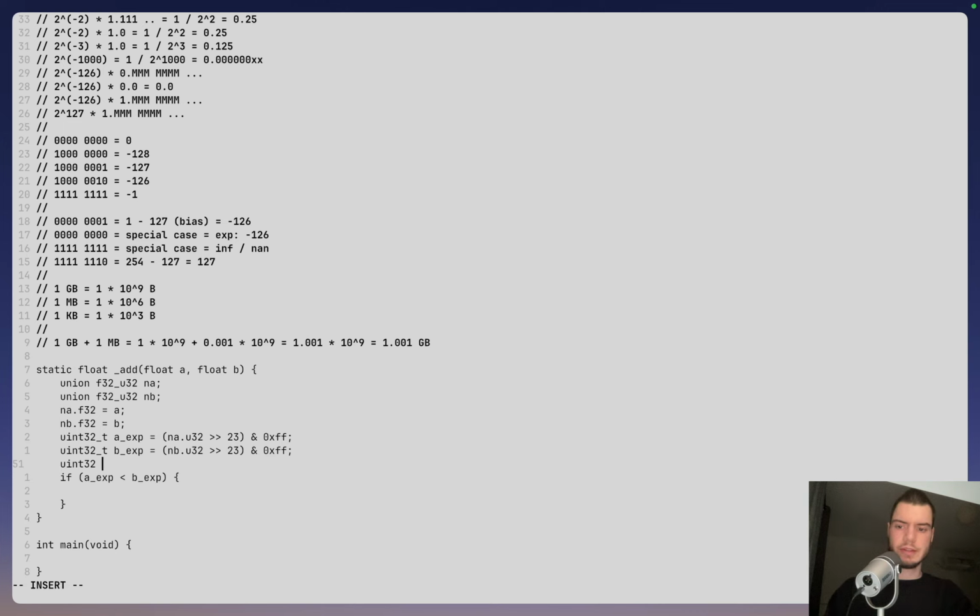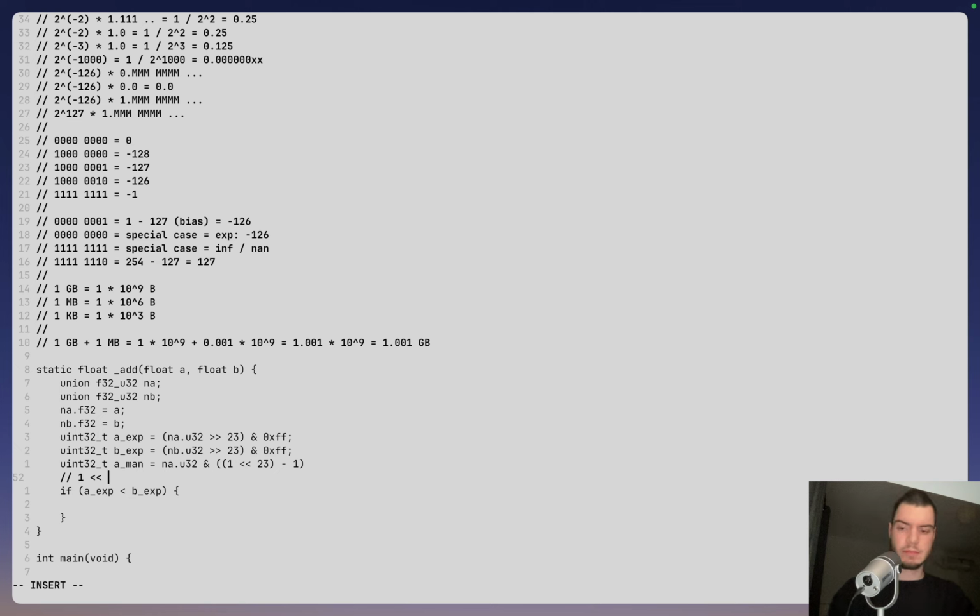Let's actually also create the mantissa. U32, not shifted, actually. Just AND it with 1 shifted by 23 minus 1. If you've not seen this before, this is a very useful trick to create bit masks.